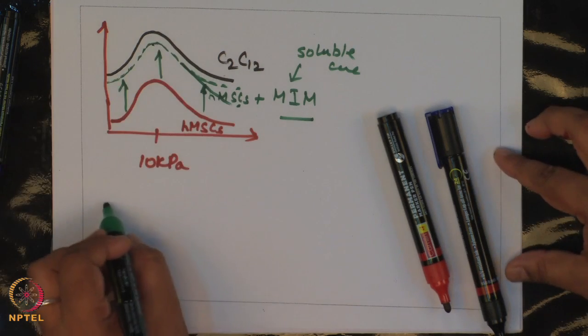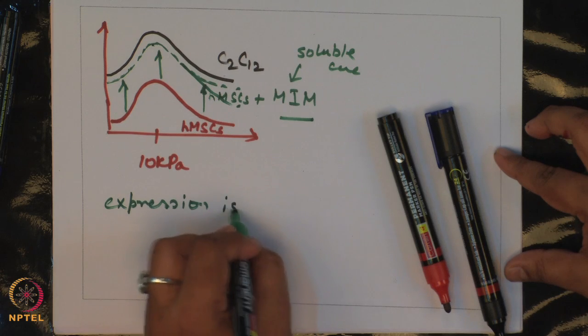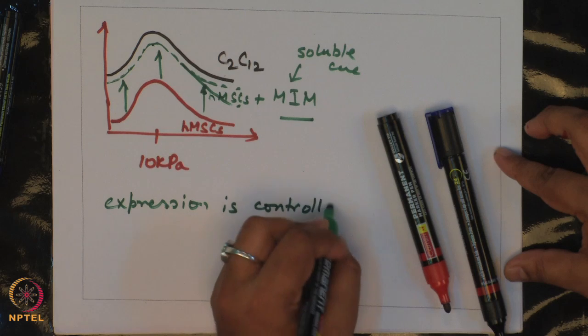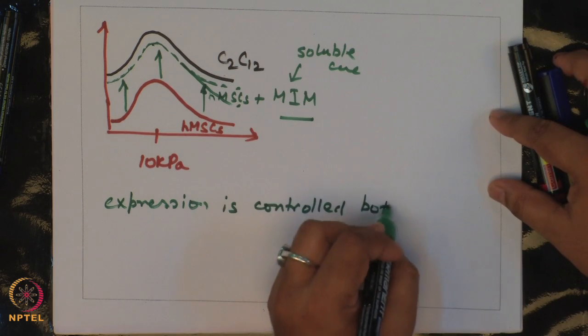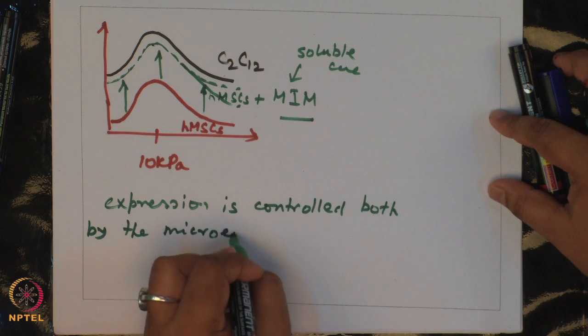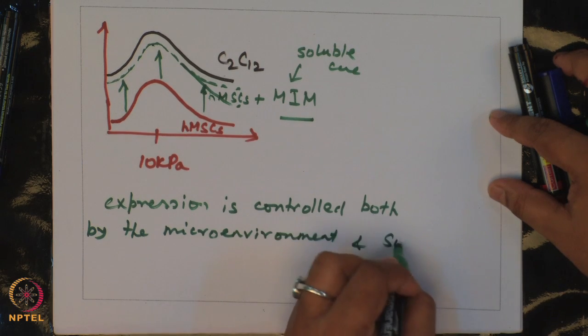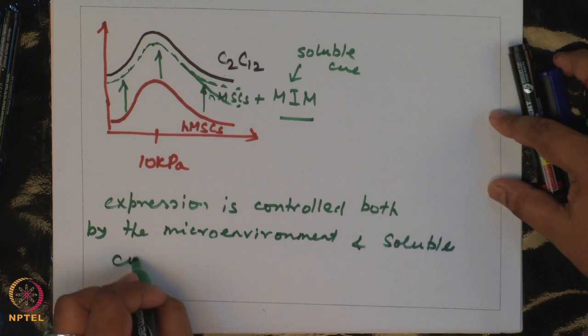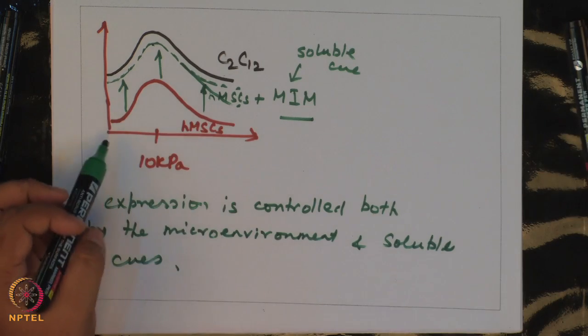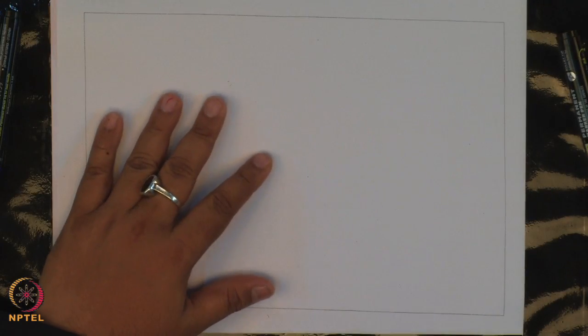So, this shows that your final expression is controlled both by the microenvironment and soluble ligands, soluble cues. So, this is an example where two signals had a synergistic effect. What would happen if you have two signals which oppose each other?